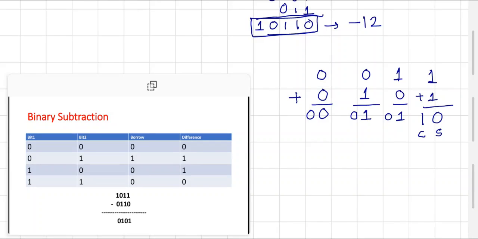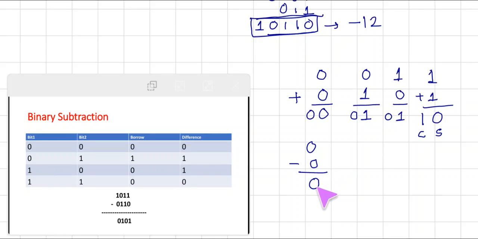Now let us talk about subtraction. Here it is 0 minus 0, the difference is 0. Then 1 minus 0, we can understand the difference is 1.